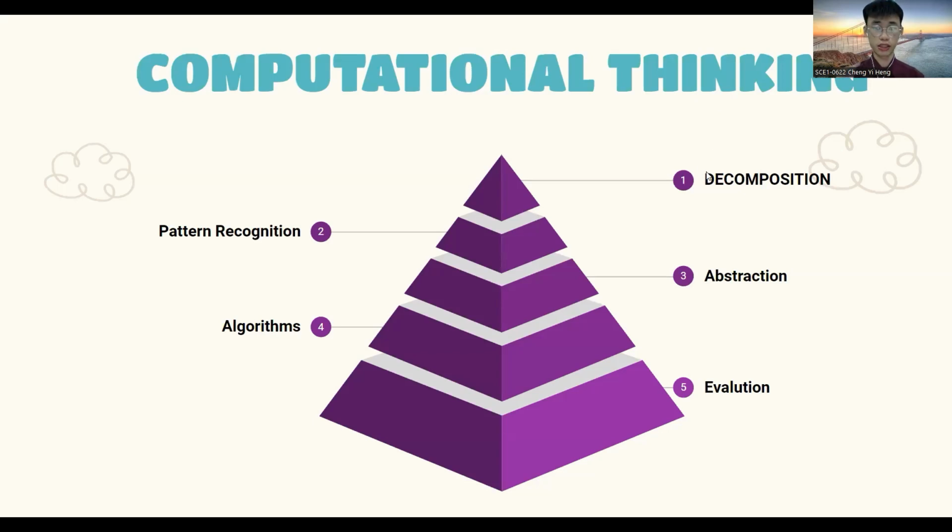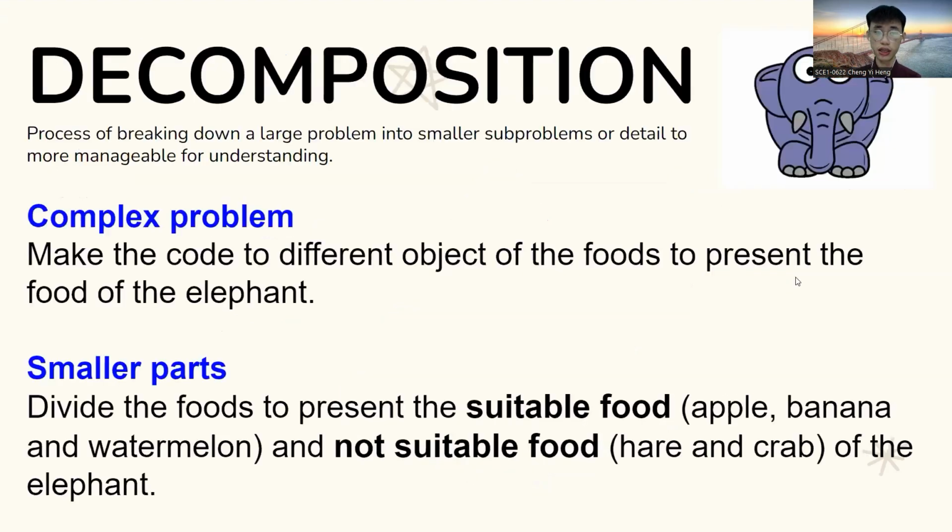This game contains five computational thinking concepts, which are decomposition, pattern recognition, abstraction, algorithm, and evaluation. Now I want to present the decomposition. The definition of decomposition is the process of breaking down a large problem into smaller sub-problems in more detail, more manageable for understanding.